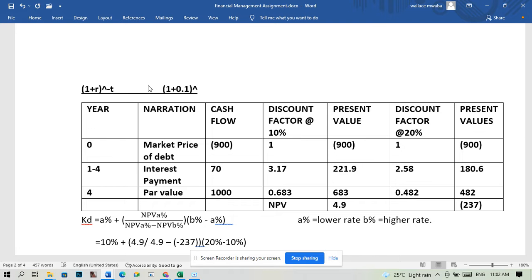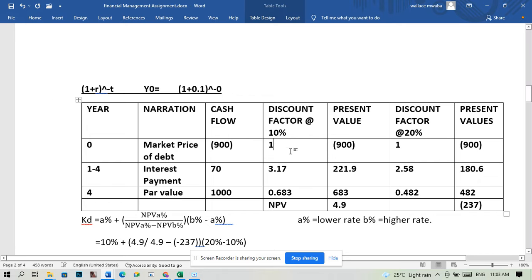So in year zero, it's going to be 1 plus 0.1 to the power negative 0. Anything to the power 0 is 1. So that's how we get our 1 here. 900 times 1, you get 900.